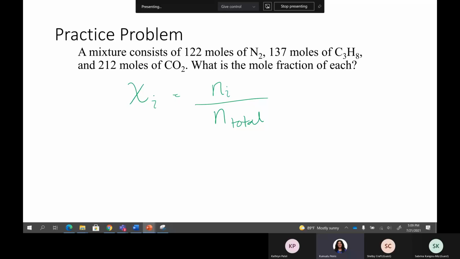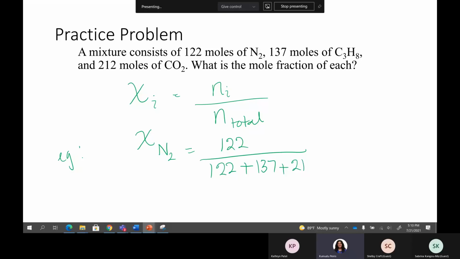As an example, in this case, if I want to find the mole fraction of N2, then what is the moles of N2? It's in the numerator, 122, and in the denominator I have to add all the moles of each and every component: 122 from N2, 137 from C3H8, and 212 from carbon dioxide.